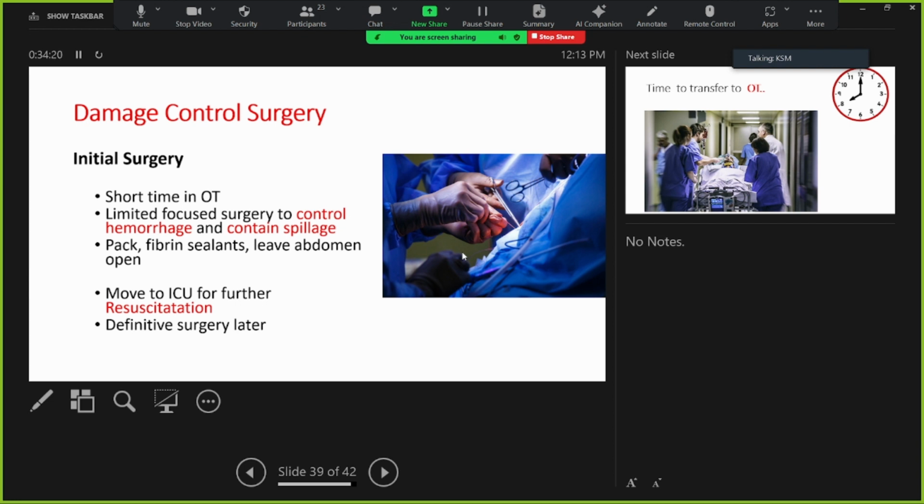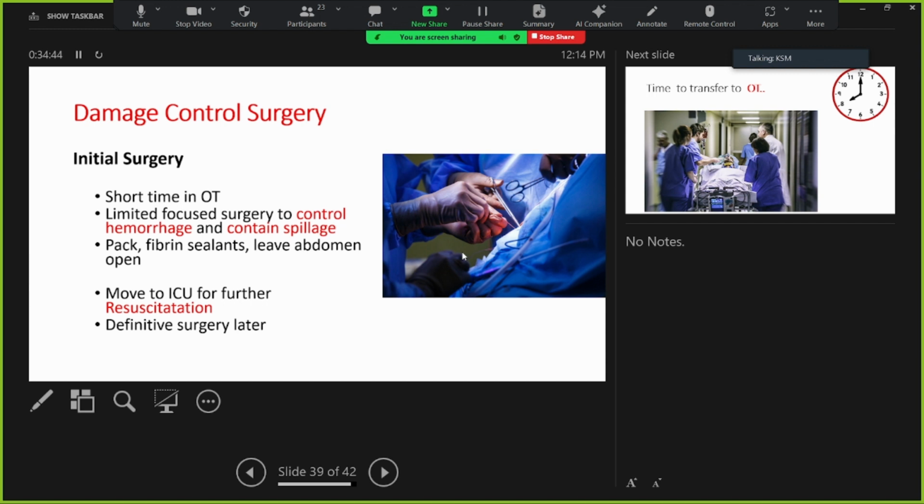There are different strategies you can use, like packing and fibrin sealing. You don't even have to close the abdomen primarily. You can leave the abdomen open to prevent abdominal compartment syndrome, and then move the patient to ICU for further resuscitation.